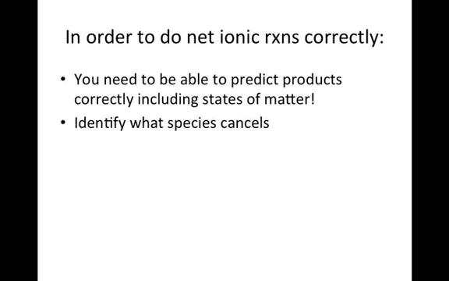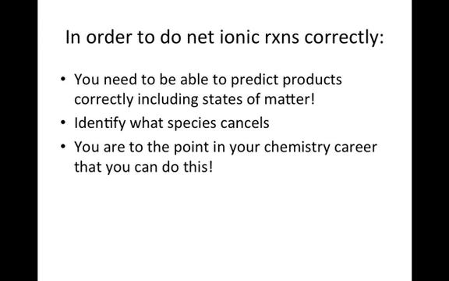Make sure you identify what species cancels, and these are the aqueous ones that are on both sides of the reaction, and cancel them out. You are right now to the point in your chemistry career that you should be able to do these two things. Finally, don't forget the charges. In order for these things to be correct, you have to communicate your answer fully, and that includes charges.